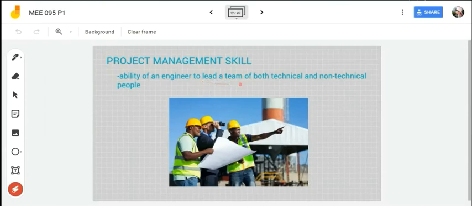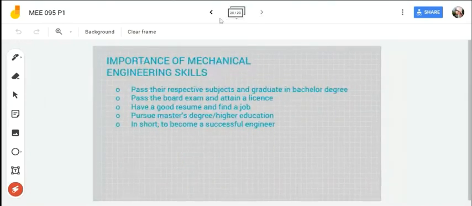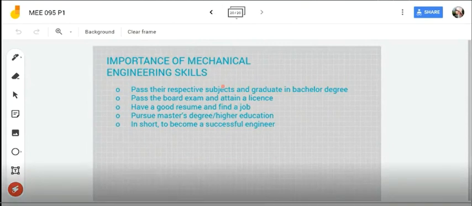That's why you need to lead your team, even if they are technical or non-technical people, even if they are professional or they are laborer, diba? You need to become an effective leader to them, and that is what we call the project management skill. Okay, so more on that. Those are the skills that you need to become a successful mechanical engineer.